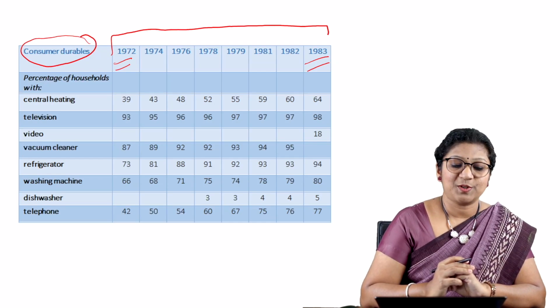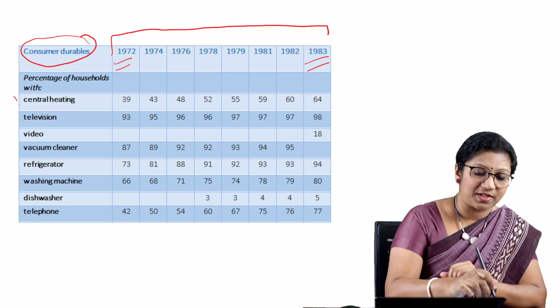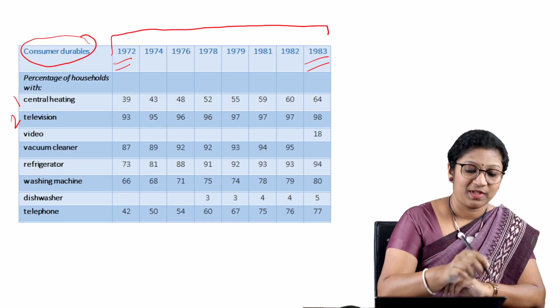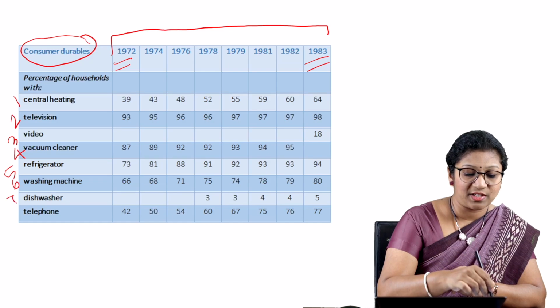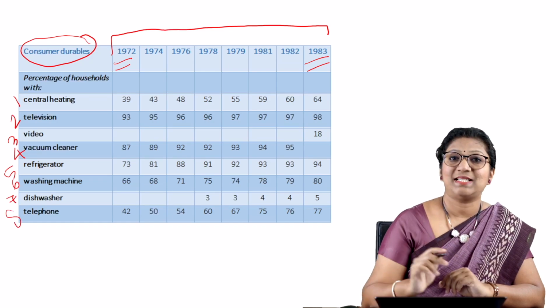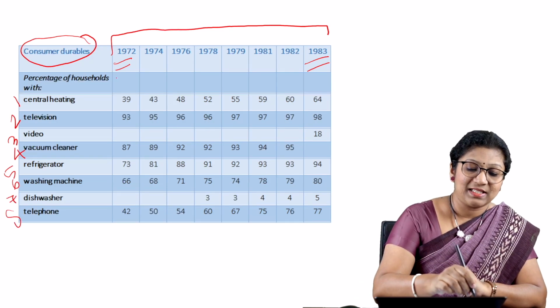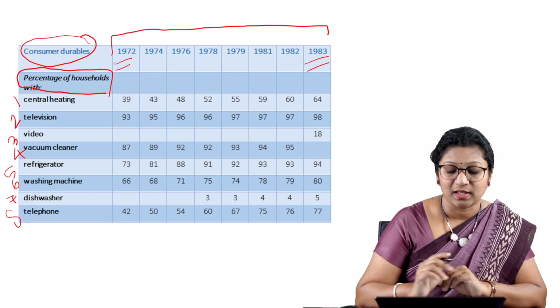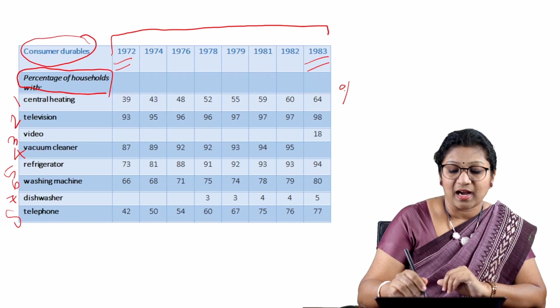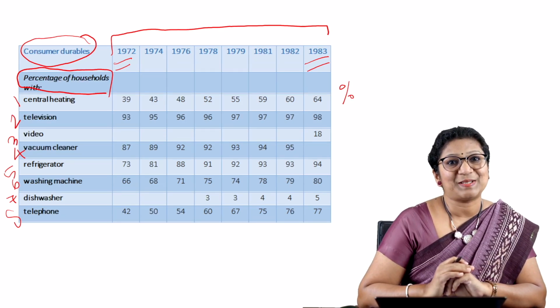And the consumer durables given are 1 central heating, 2 television, 3 video, 4 vacuum cleaner, 5 refrigerator, 6 washing machine, 7 dishwasher and 8 telephone. And the data given, the numbers show percentage of households with. So these numbers are given in percentage.